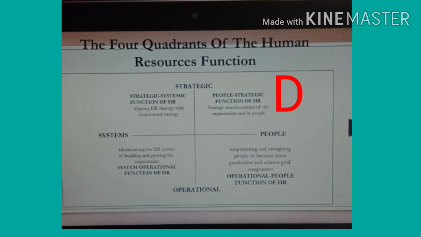Quadrant D of human resources management follows the footsteps of quadrant A because a significant change in the institutional and human resources strategies must be accompanied by the difficult transformation process of quadrant D. This quadrant is the people strategic dimension of human resources.